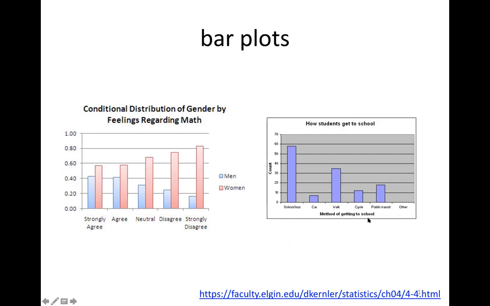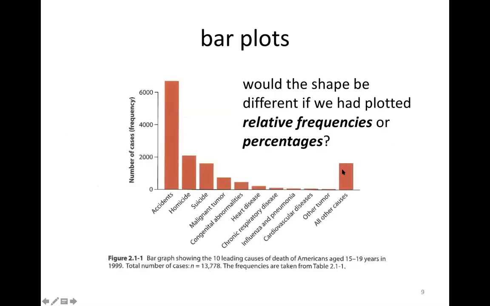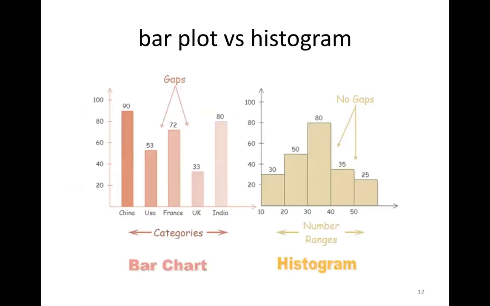And here the category types have not been ordered according to their frequency, as we see. But that's okay. It would, of course, still be easier if it had been ordered like this, easier for the reader.